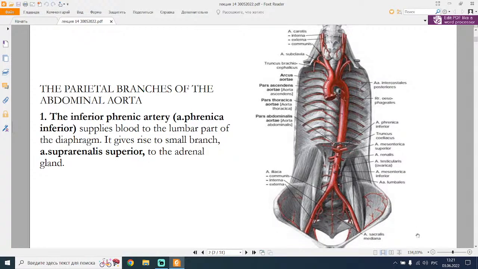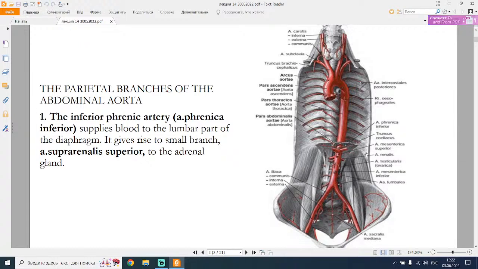The parietal branches of the abdominal aorta include the next arteries. First, arteria phrenica inferior. Arteria phrenica inferior supplies blood to the lumbar part of the diaphragm.